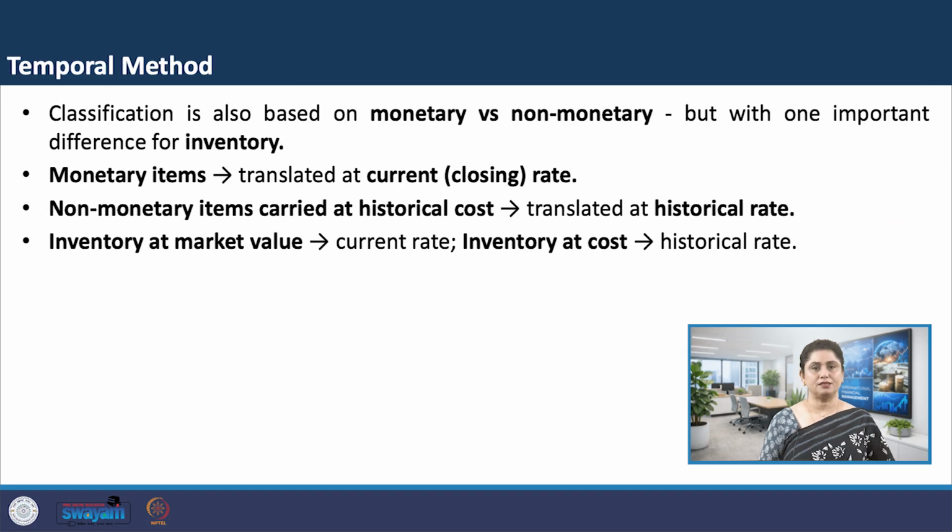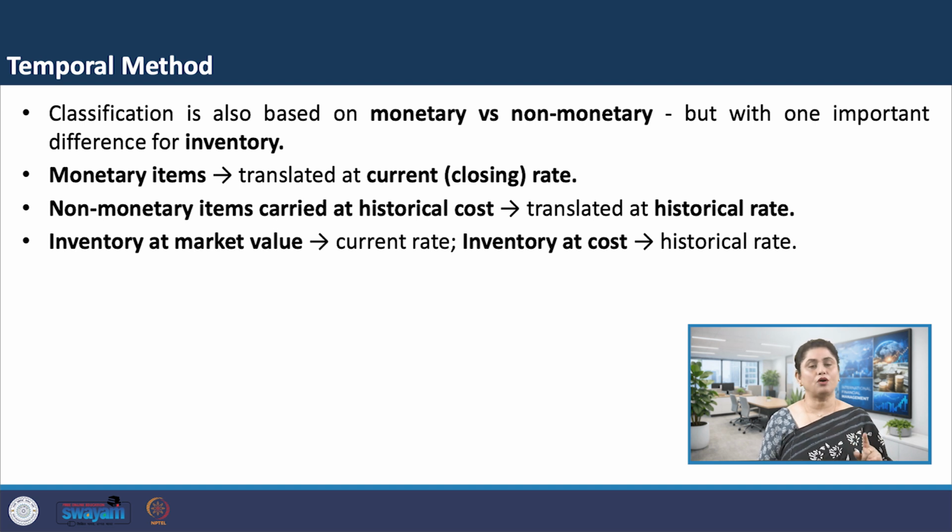The fourth method is the temporal method, and it can be thought of as a refinement of the monetary and non-monetary approach. The temporal method follows the same broad logic. Monetary items at current rate, non-monetary items at historical rate. But it introduces one important thing, and that is inventory.